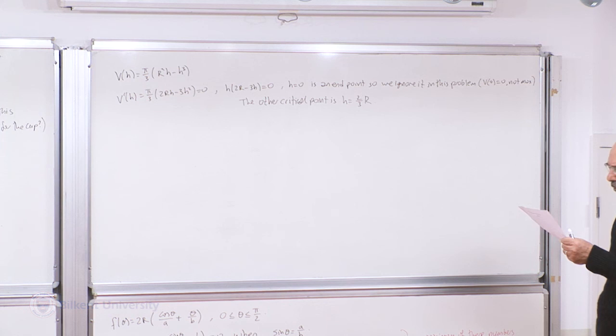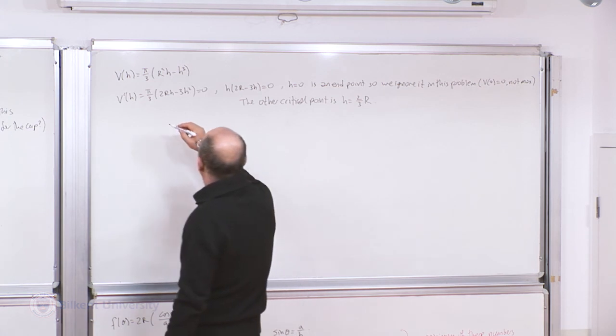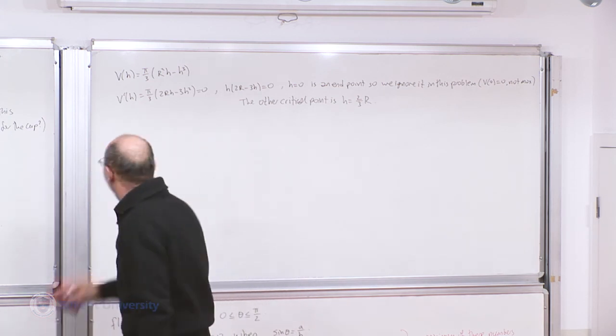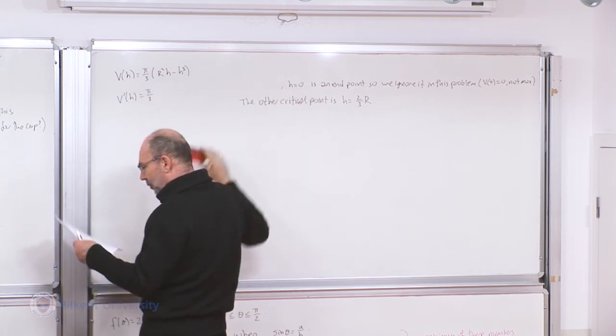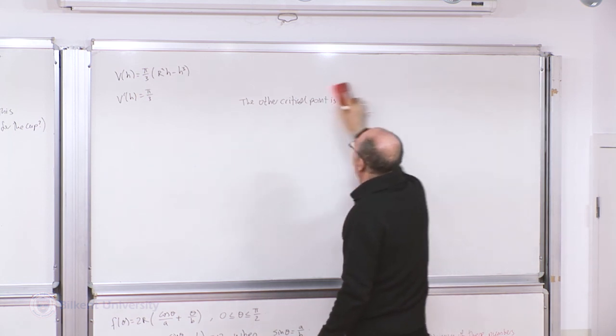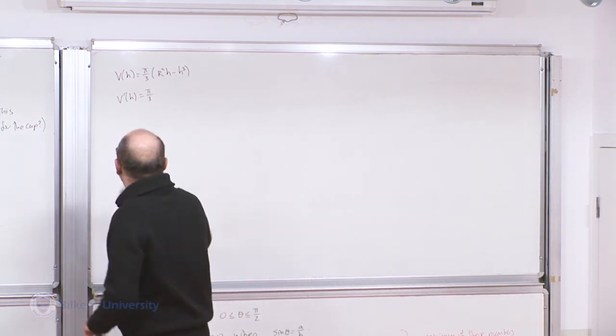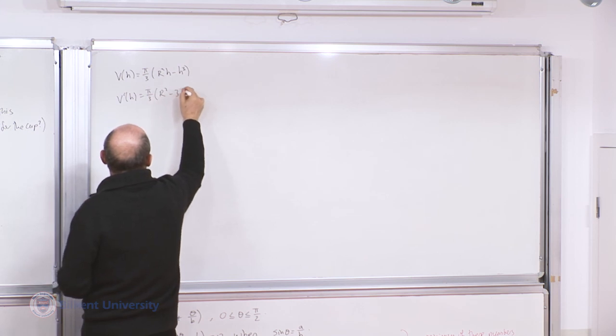So why is my derivative here different than the derivative I took at home? Okay, so let's continue from here. So this is R squared minus 3h squared.